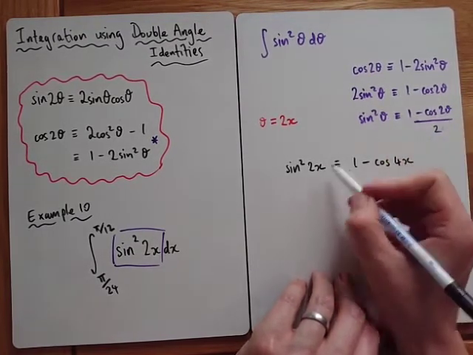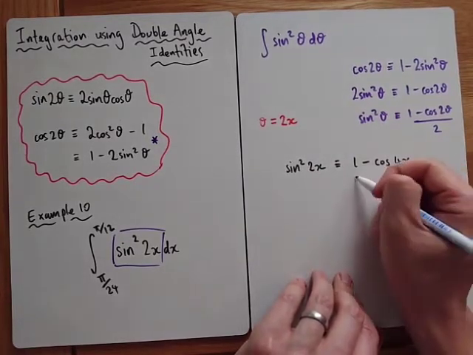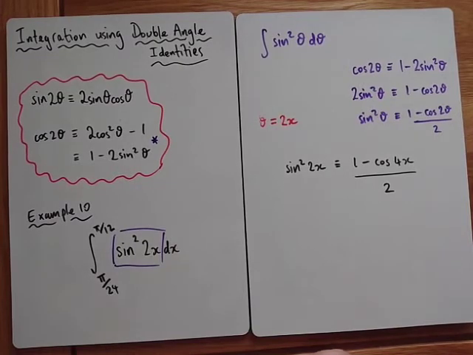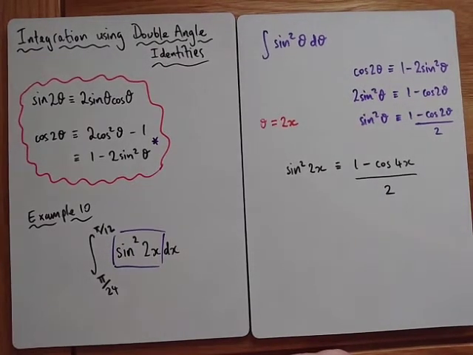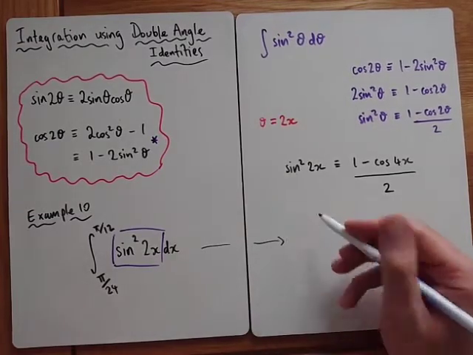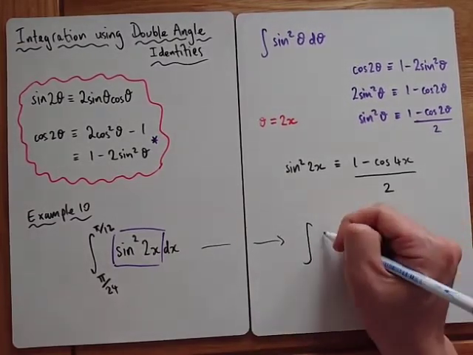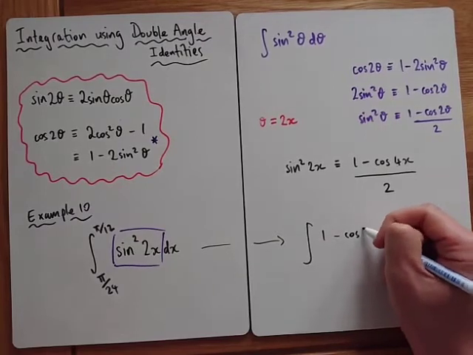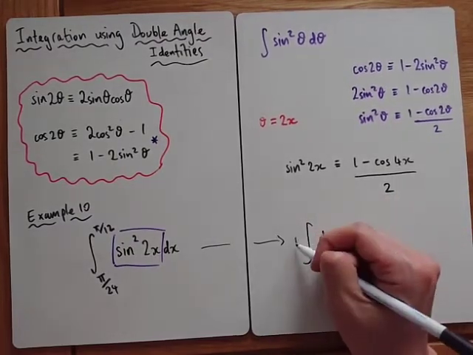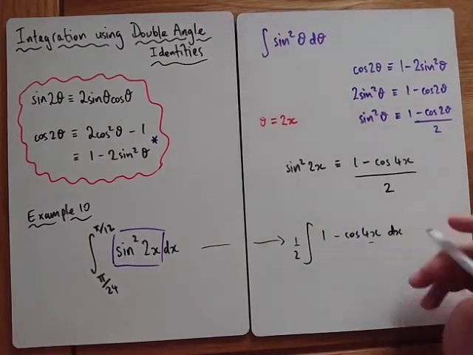If it's 2 theta for theta, we're working with 2x, so it would be 4x, all divided by 2. So that's what we need to integrate. This original integral is the same as integrating 1 minus cos 4x, all divided by 2, take the half outside, with respect to x.